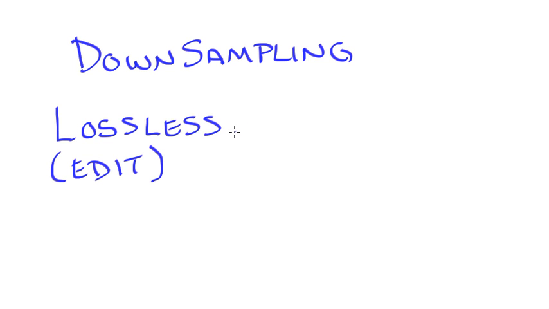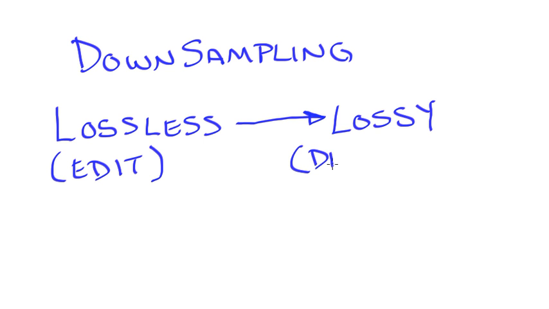We would not put a lossless file into a PowerPoint. We would not put a lossless file into a final application. We would want to change it. So we would want to downsample it more than likely to some lossy form, and that's normally because that's how we want to distribute our final product. So in general, downsampling is okay. It's okay when we now need to distribute that product. We still keep our lossless file.